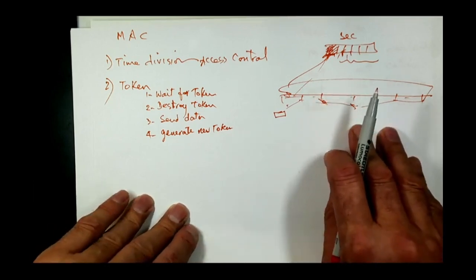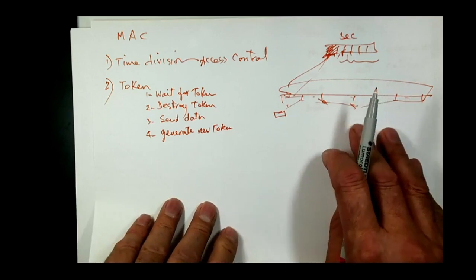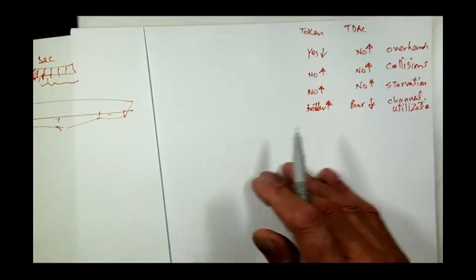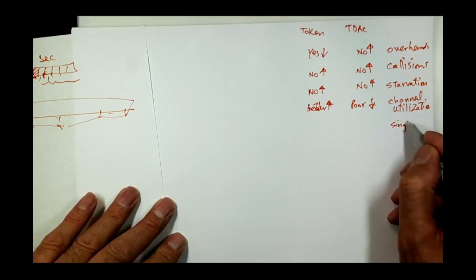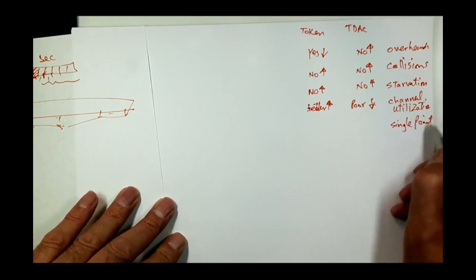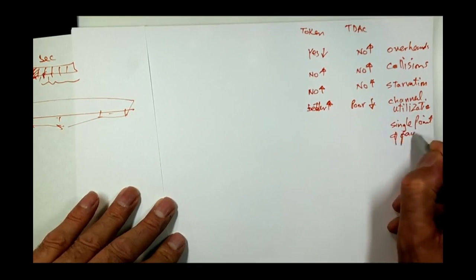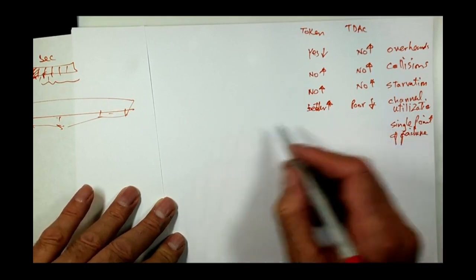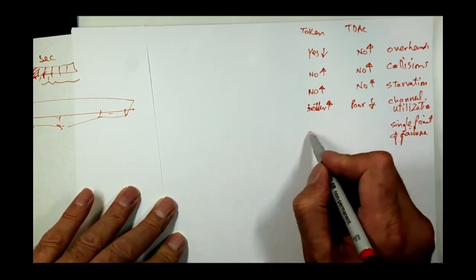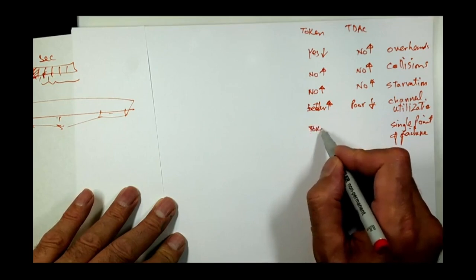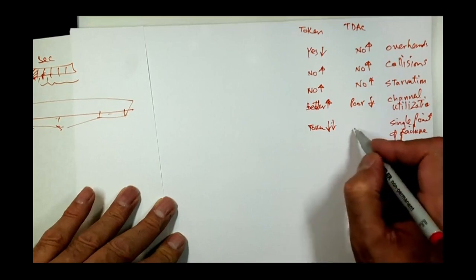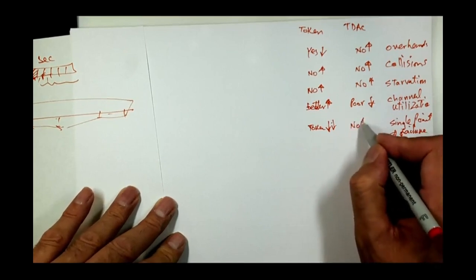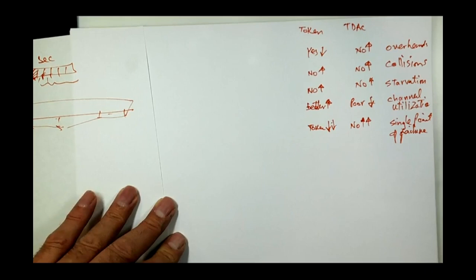We could end up without any token, and that can destroy the communication. They call this a single point of failure. Any system that has a single point of failure is a bad system. With the token, the token is a single point of failure, and that's a very bad point. With time division, no, there's no single point of failure, and that's a good point for time division.